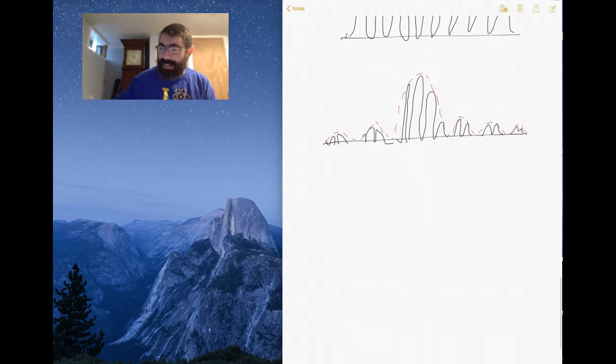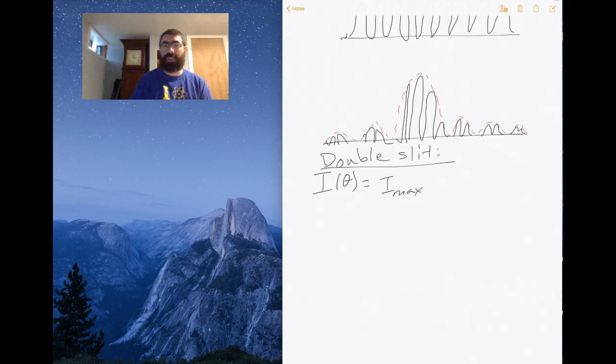So therefore, if I look at the intensity for the double slit experiment, the intensity as a function of theta would be the max intensity that you would get from the incident light times cosine squared beta times the sinc function squared for alpha.